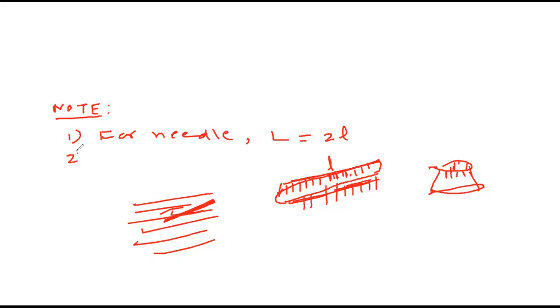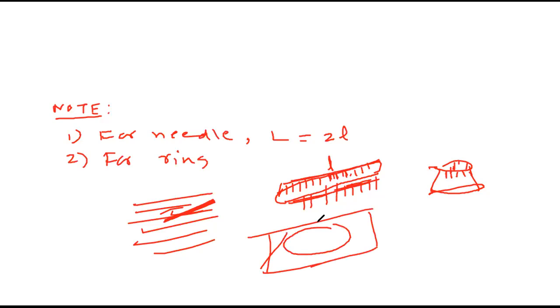Okay. For a ring, suppose this is a ring kept on the surface of the liquid. This is water. So if I take it separate, then the outer end will be pulled downwards at a right angle. The inner end will also be pulled downwards.